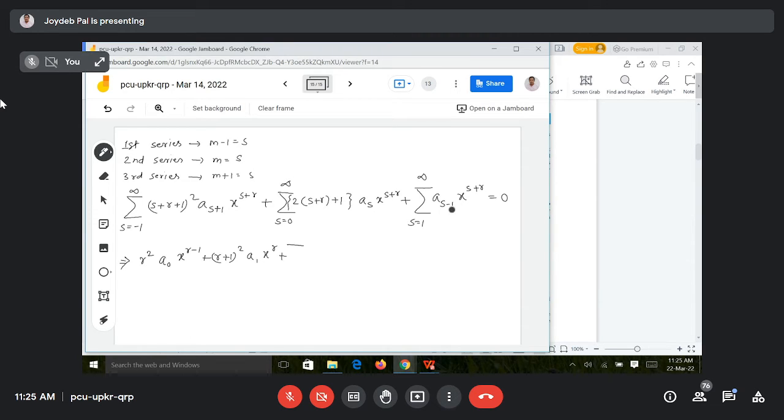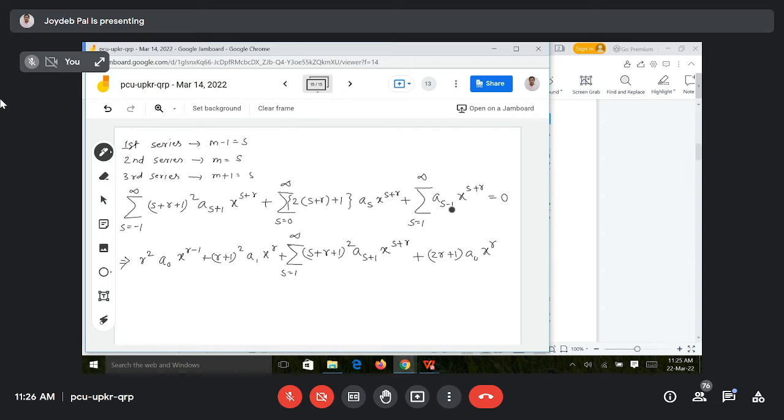And the rest of the series can be written as s from 1 to infinity of (s plus r plus 1) whole square a_(s plus 1) x to the power s plus r. And for the next, you have to extract only one term for s is equal to 0. So for s is equal to 0, the term is (2r plus 1) a naught x to the power r, right?